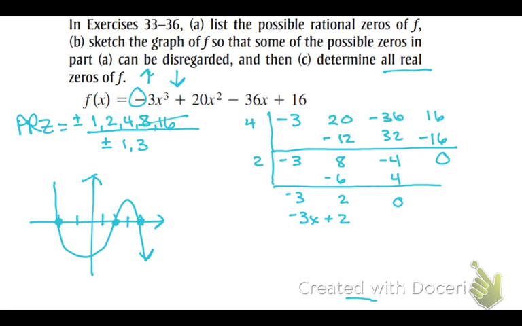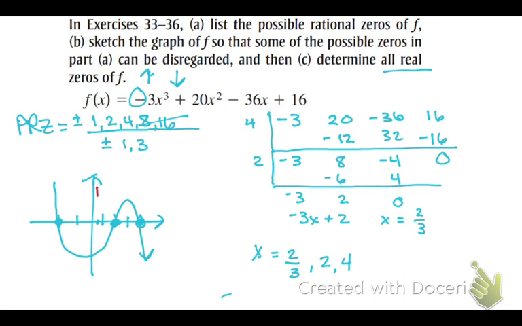So x would equal 2/3. Negative? No, because I'd subtract 2, divide by negative 3. Yeah. So x equals 2/3, 2 and 4. So I was correct with 2 and 4. I guessed well. Didn't I? I guess. No, when I graphed it. Yeah. And so 2/3 would be like right here.